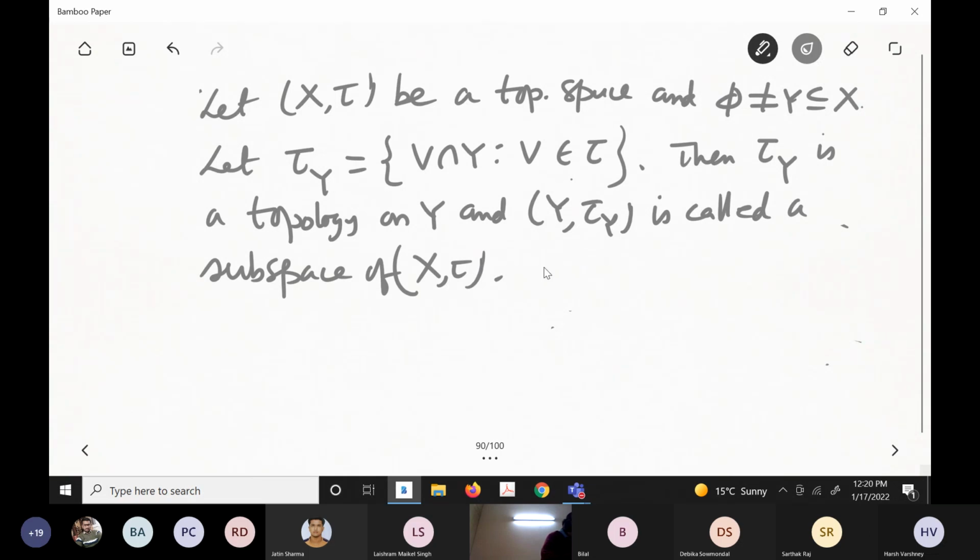But often we just write Y is a subspace of X. It is understood.